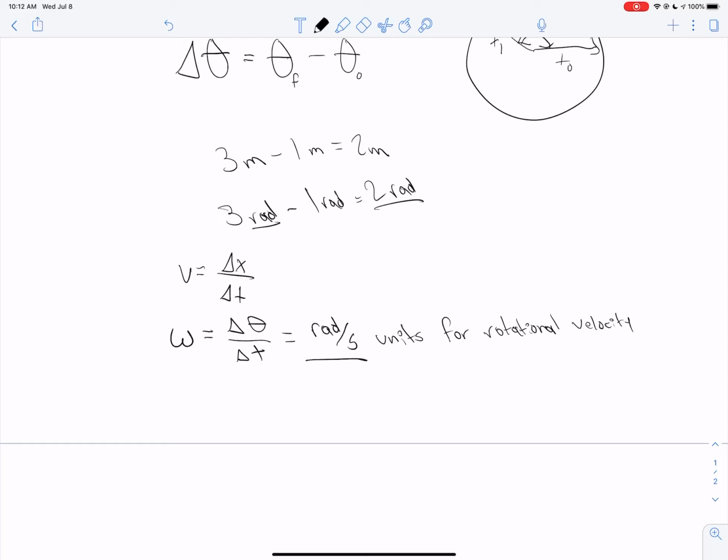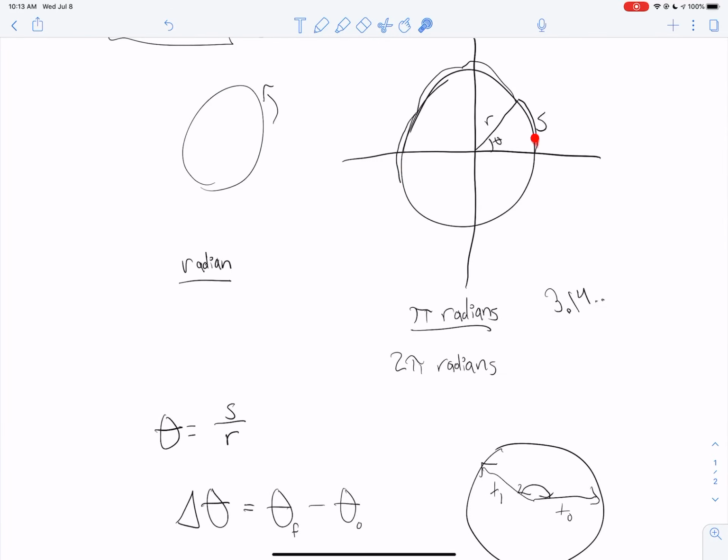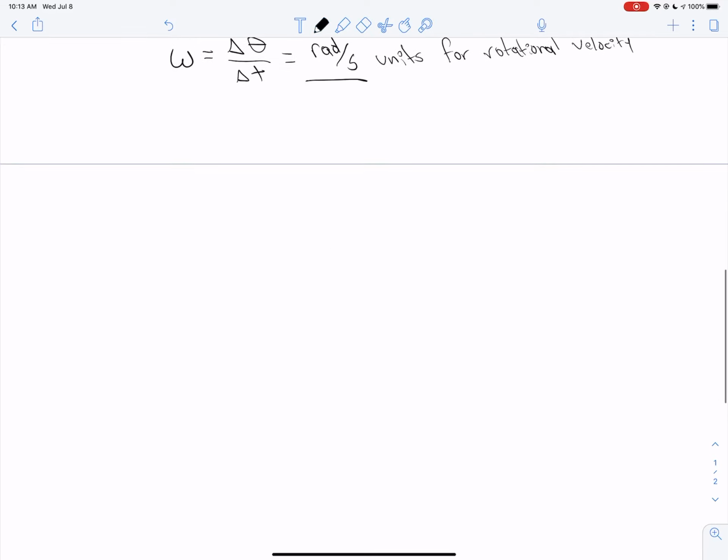Now that we have this, we can do a practice problem. As I said before, an entire rotation around a circular motion will always be equal to 2 pi radians, so I'll write that down over here: 2 pi radians is equal to 1 revolution or rotation.